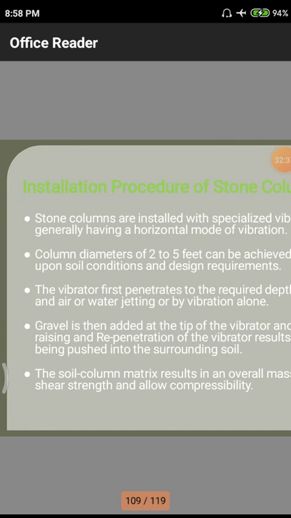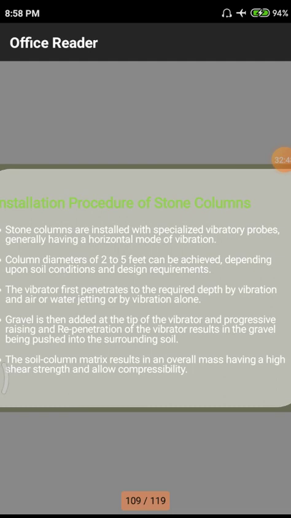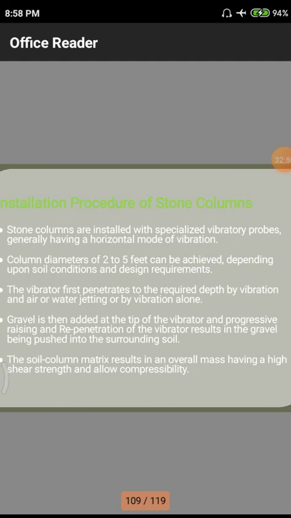What is the purpose of this stone column? Where do we have to implement these stone columns and what are the advantages in terms of settlements? First of all, stone columns are installed with specified vibratory probes. Vibratory probes means the vibrators we normally observe in the field for RCC slabs, columns and beams. In these vibrators we have point vibrators and plate vibrators.